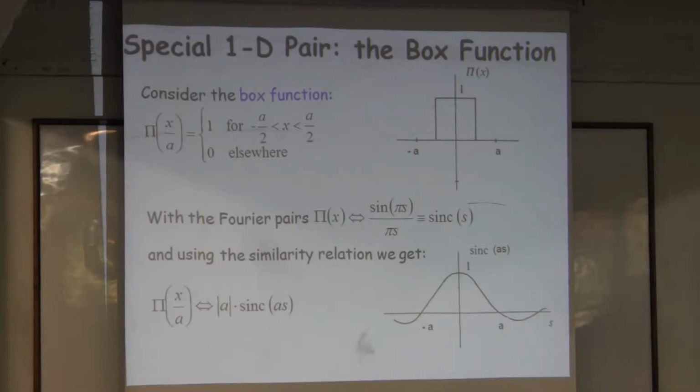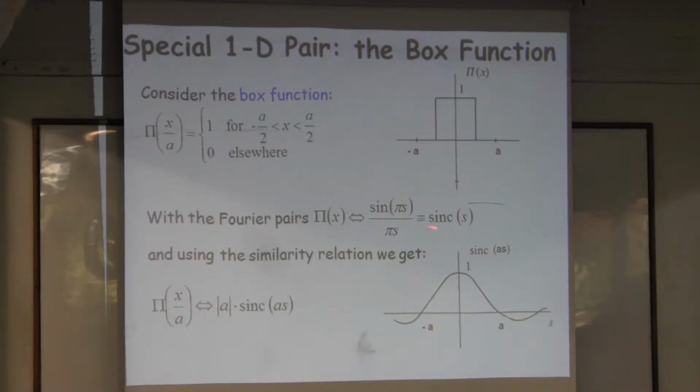Okay, so we talked about this before, but let's now do a little bit more math about this. This box function here, let's define it as the box of x over a, where a simply indicates the width of this box. Then the corresponding Fourier pair is the sinc function that we saw before.